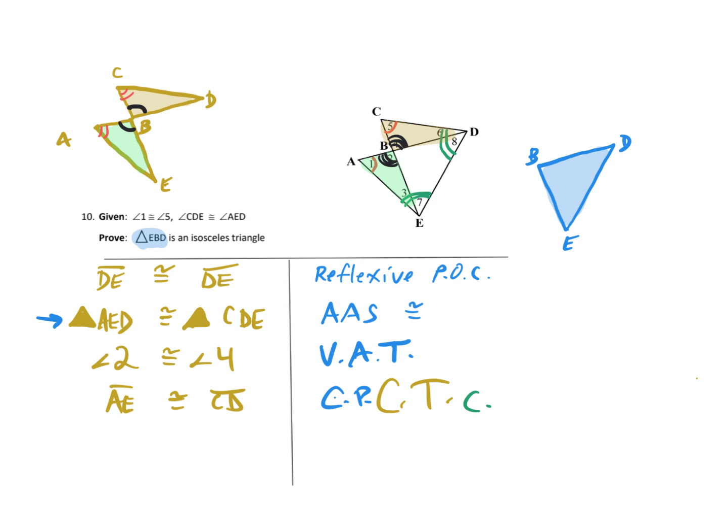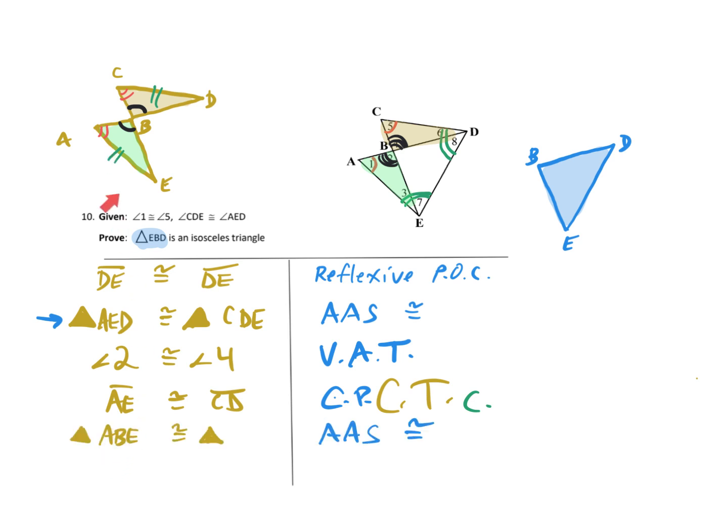So we can mark that in our picture, side AE and CD. And now we can prove that these triangles are congruent by side, angle, angle. You can call it SAA or AAS, it doesn't matter.